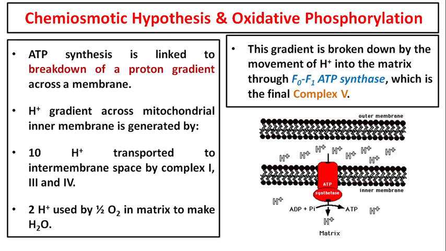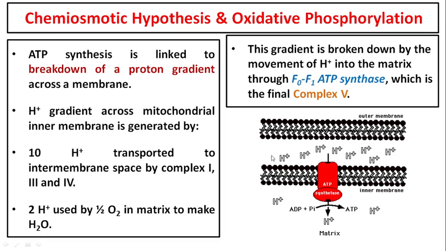Complex 2 does not transfer any protons. Two H plus and half an oxygen molecule are used to make water, and this takes place in the matrix. So in the matrix, H plus is being utilized to make water, so there is less proton on the inner side and more proton on the intermembrane side.